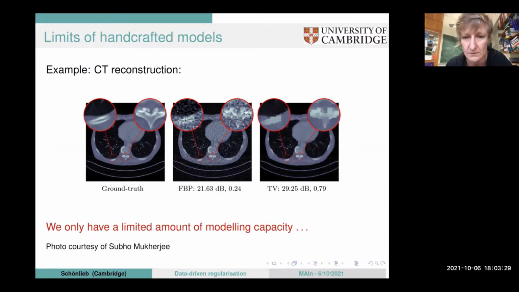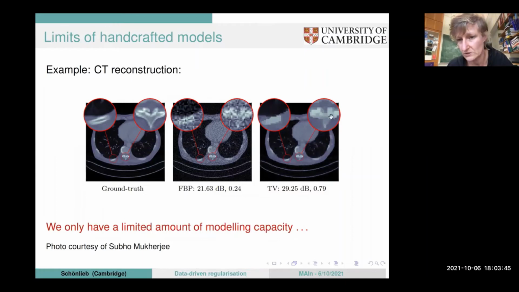Even in the noisy image you see a few of these. Now of course you know the ground truth, so some things maybe we also imagine, but you could maybe imagine that you see a little bit more.